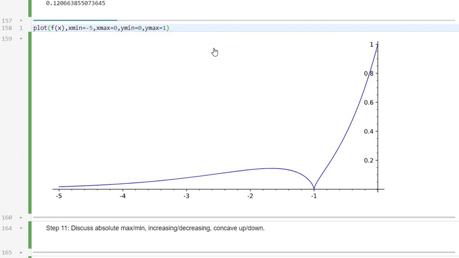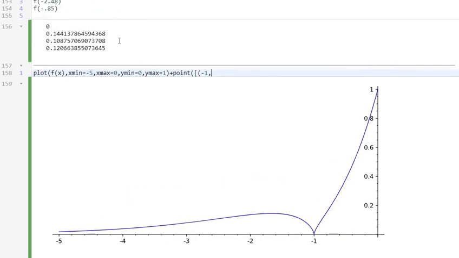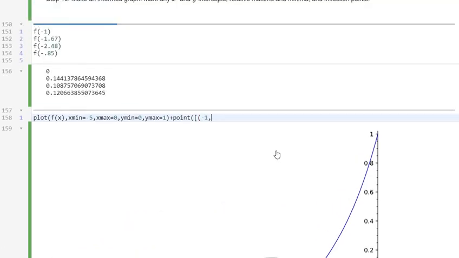So let me go ahead and add in the important points. A list of points, remember, square brackets. So my first point, let's put in the local minimum. That's at -1, well, let's go up so I can see my values. -1, 0. The intercept there is my local minimum. And then the -5/3, and f of that is roughly 0.14.